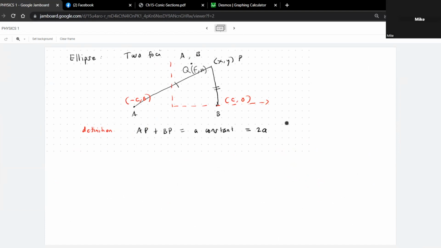Yung materials ay pins, could be thumbtacks, or kahit needles, pwede rin. Saksak mo yung needles, tapos use fixed length string and then use a pencil to trace out.